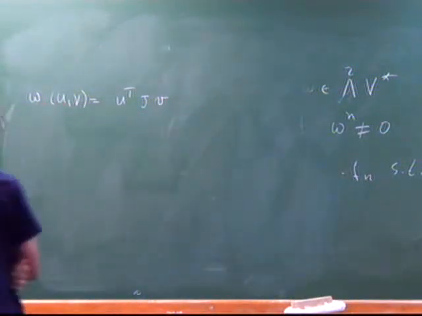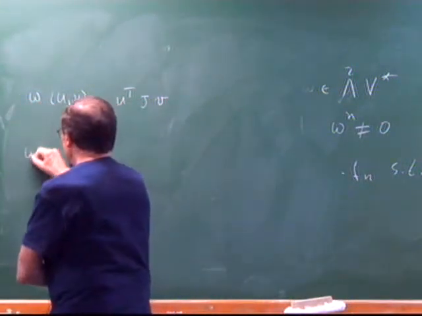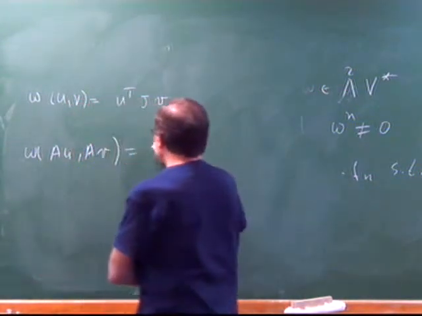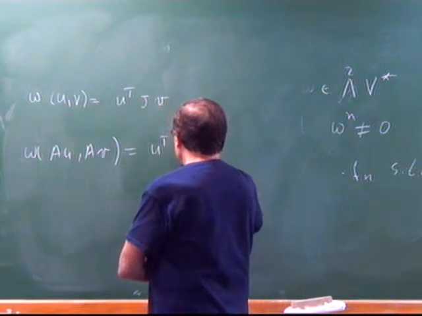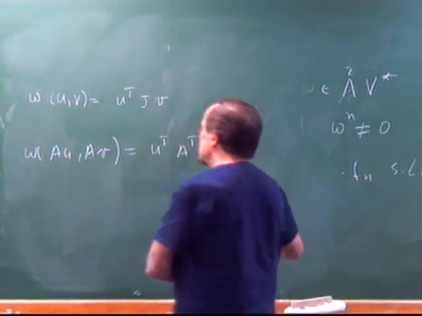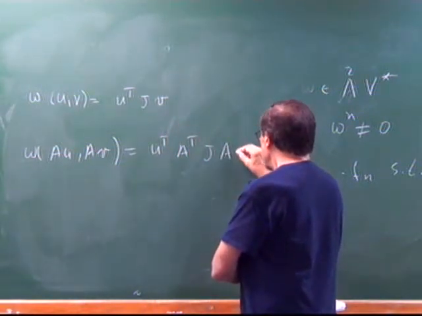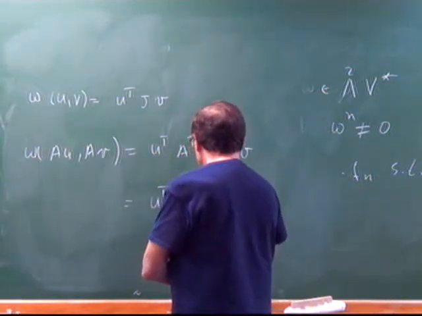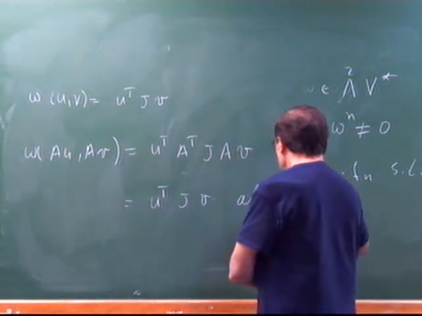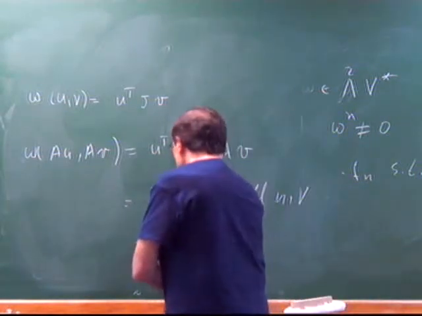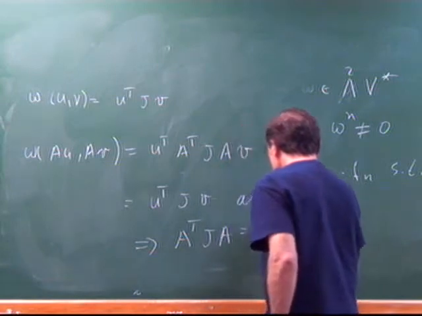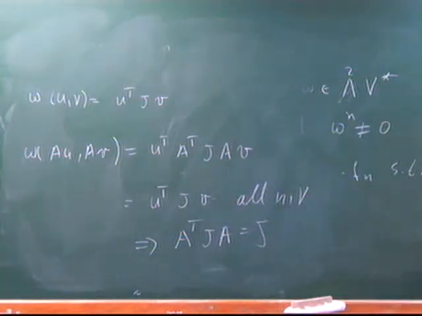And then omega(Au, Av) is u transpose A transpose J A v. That's supposed to be equal to u transpose J v for all u, v. And that implies what I want: A transpose J A equal to J. So same computation as for the orthogonal group.